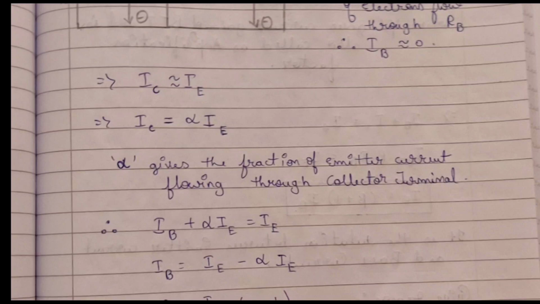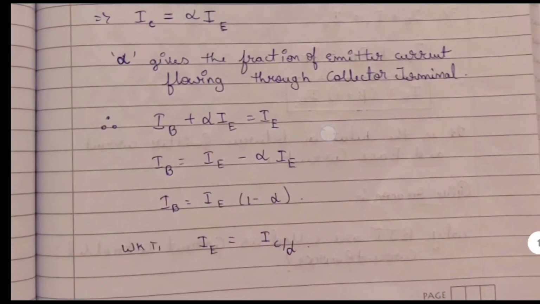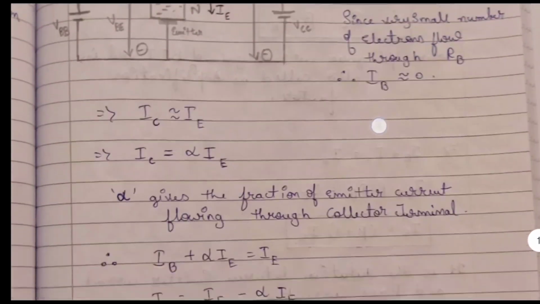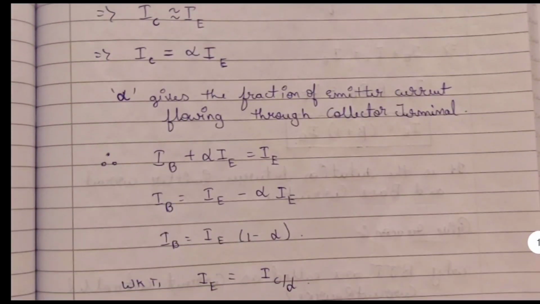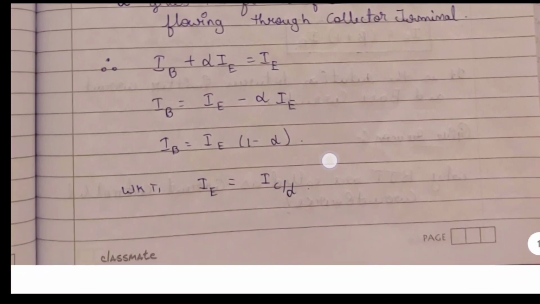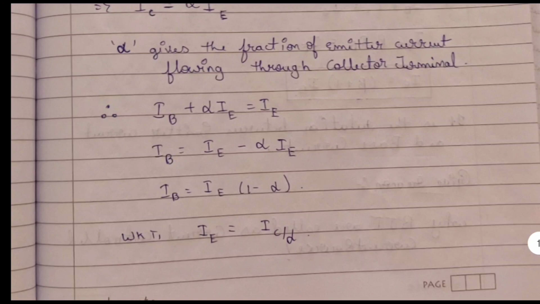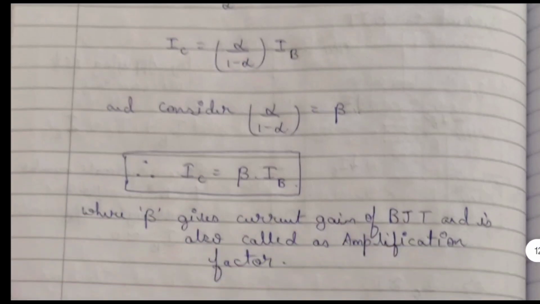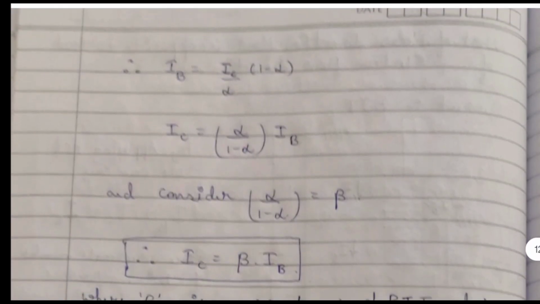Okay, and we'll be substituting that in the first equation, that is IB plus IC equals IE. Over there we'll substitute the value of IC as alpha IE, and later by some small simplification we will arrive at the equation where it says IC equals beta IB, right?